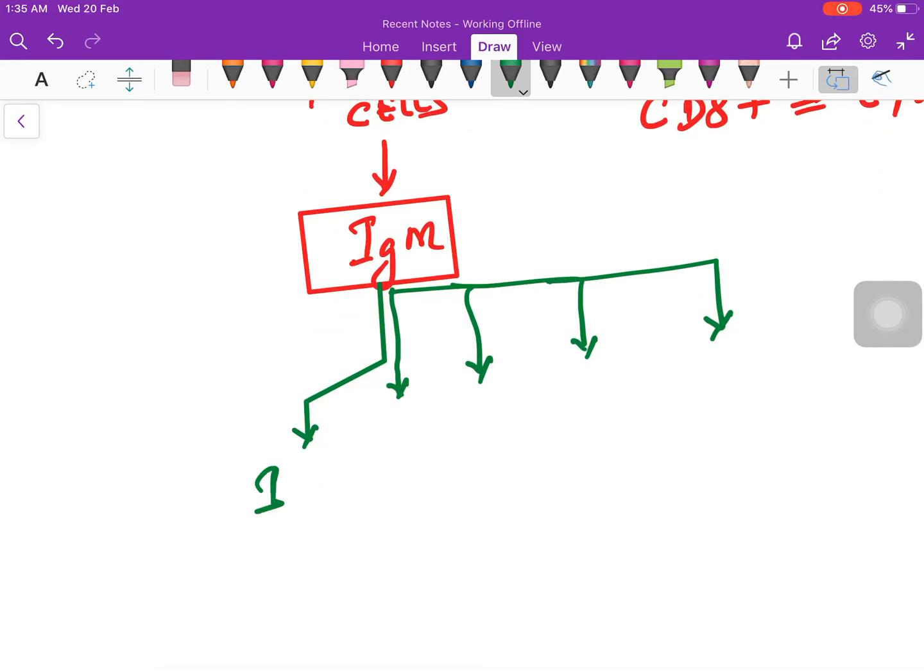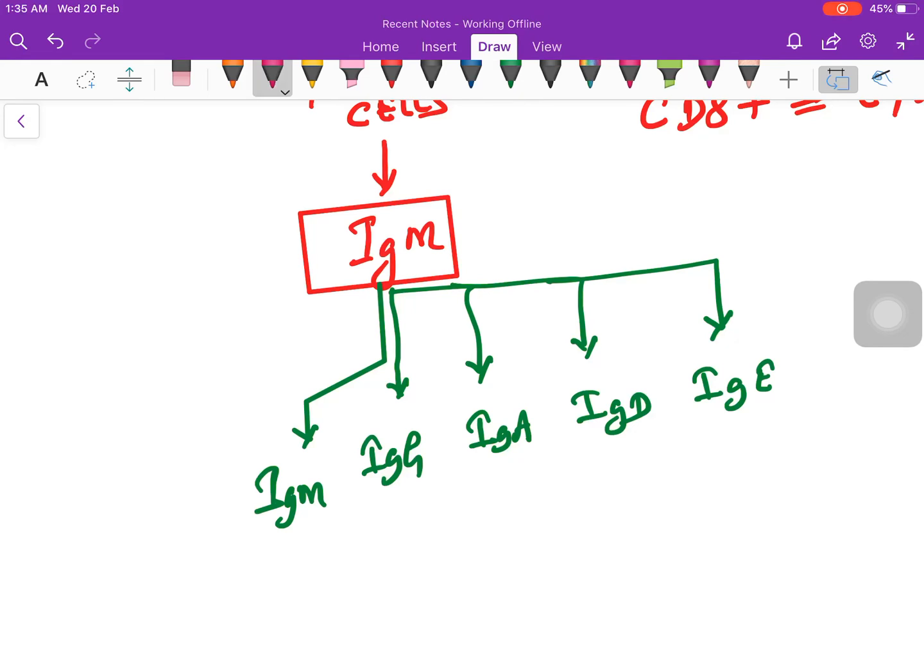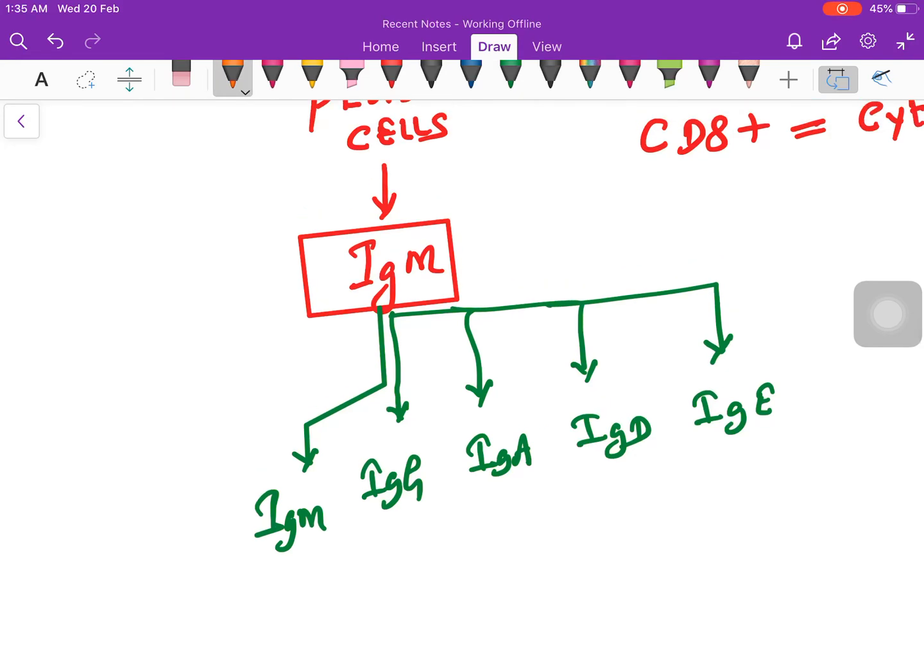It may remain IgM or it may convert into IgG, IgA, IgD and IgE. This phenomenon of conversion of immunoglobulin into different classes is called class switching.